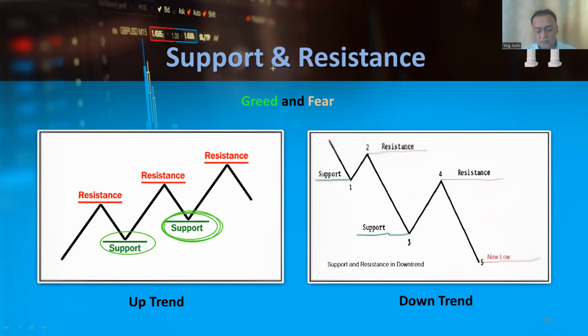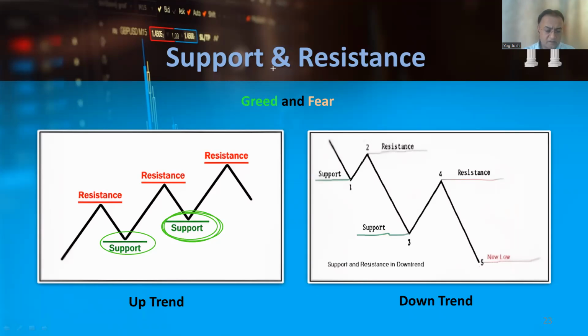It's a reversal area, a demand area for a specific stock where bullish sentiment is created in the market, where the majority of buyers think this is the fair price area, and the stock might bounce back from this area. This is support.